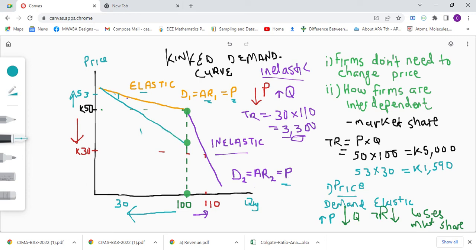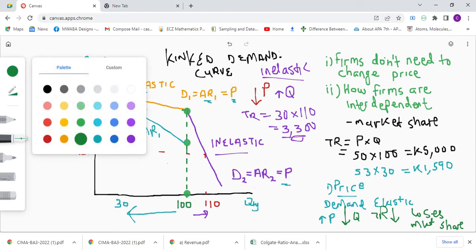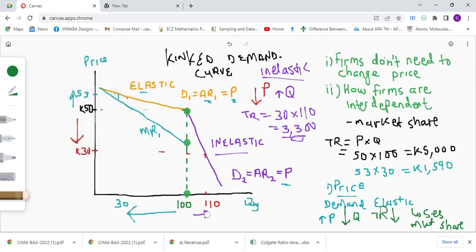So we'll call this marginal revenue 1. Now, because we have a switch from elastic demand to inelastic demand, our marginal revenue curve is going to be discontinued. It is going to end here, and then it's going to come out from here.